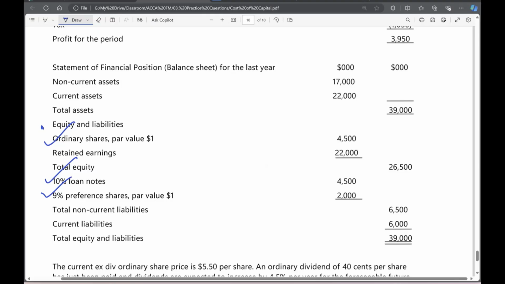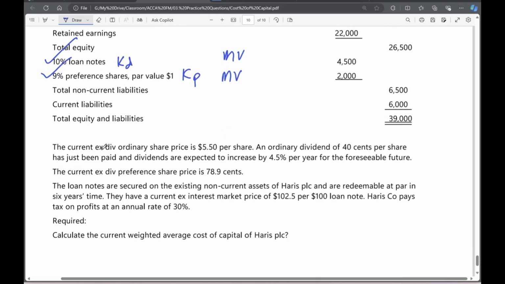So we have to find cost of equity, cost of debt, find KP for it, and then find the market values of all of these, and then you have to find the WACC. That's your homework.